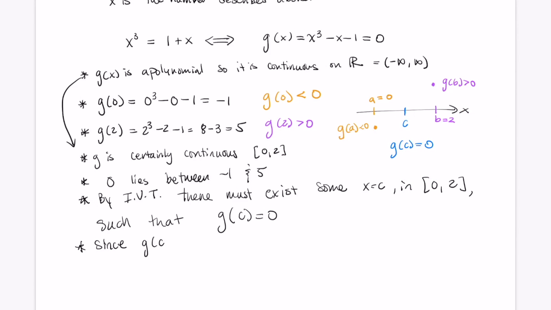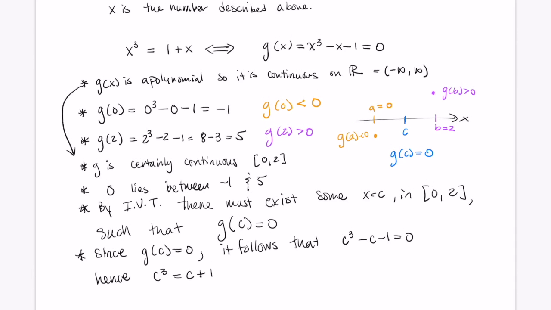Since g of c is equal to 0, it follows that c cubed minus c minus 1 equals 0. Hence, c cubed equals c plus 1.